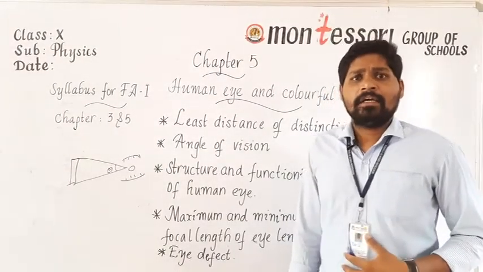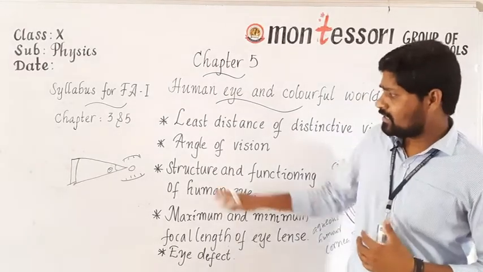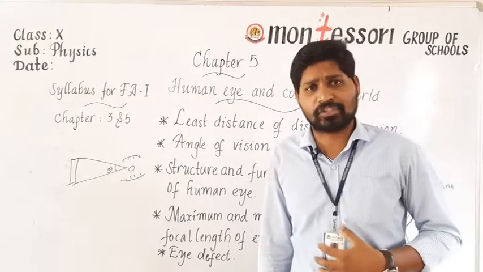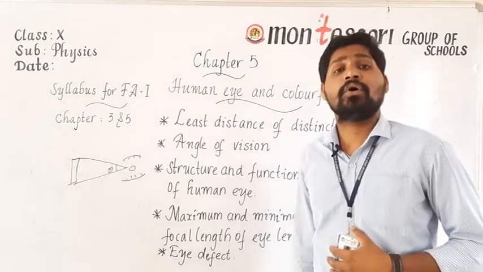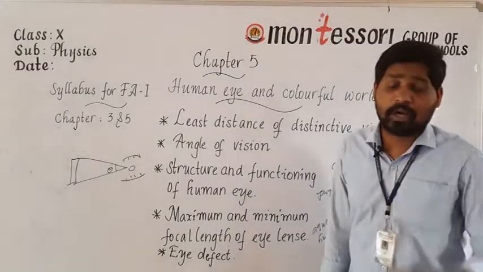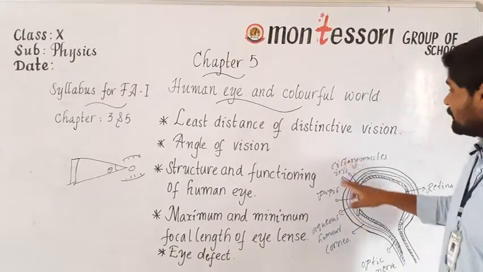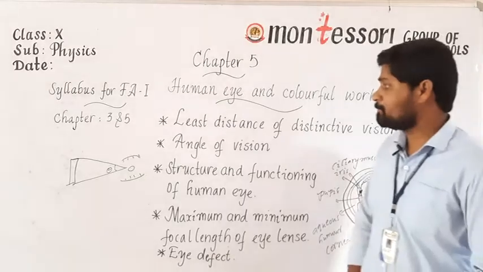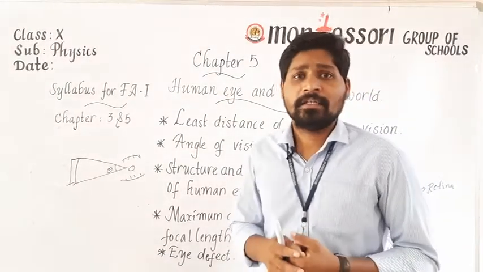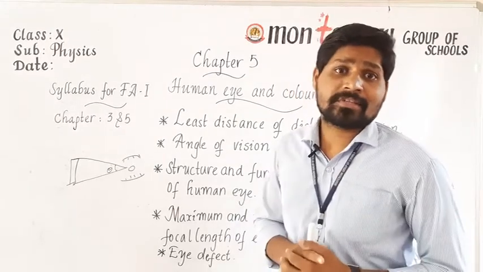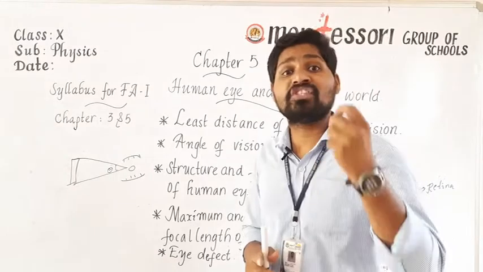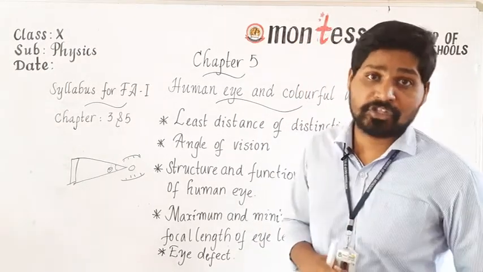Why do the least distance of distinct vision and the angle of vision change from person to person with age? In order to know about this, we have to study the structure and functioning of the human eye. As you know very well, the eye is the most sensitive organ in our body, which causes the sensation of vision.